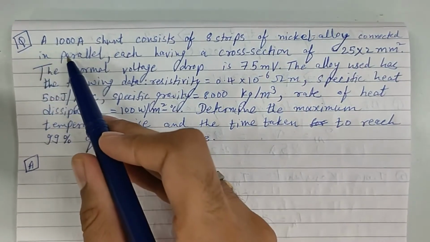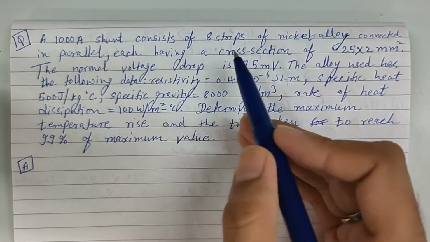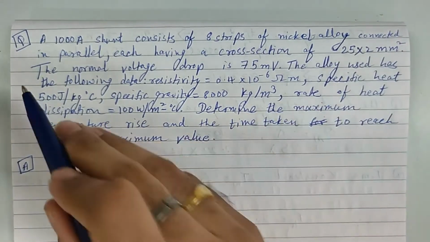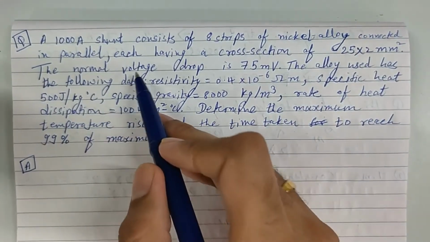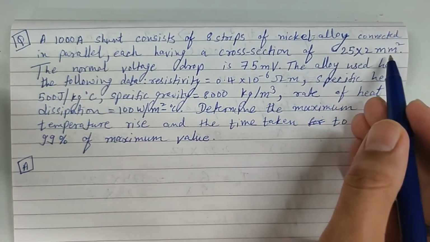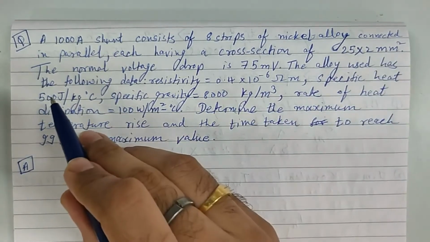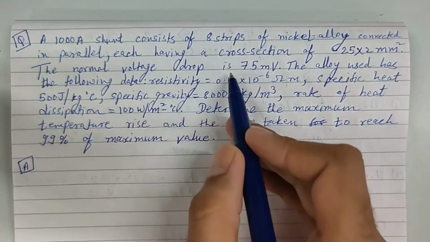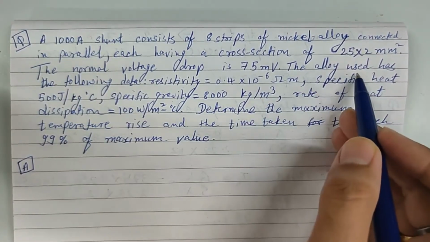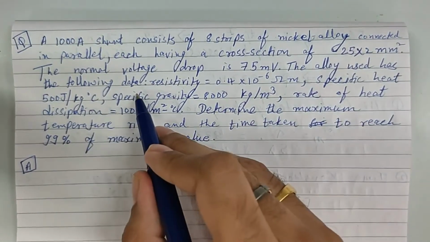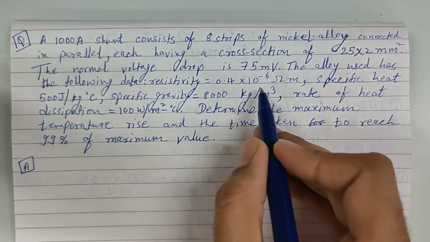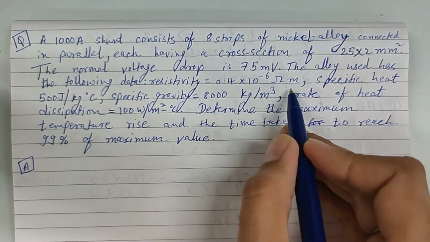A 1000 ampere shunt consists of 8 strips of nickel alloy connected in parallel, each having a cross section of 25 into 2 mm square. The normal voltage drop is 75 millivolt. The alloy used has the following data. The resistivity is 0.4 into 10 raised to minus 6 ohm meter.